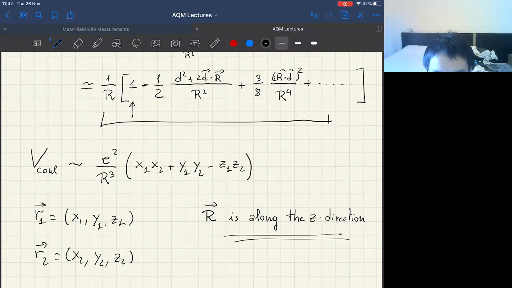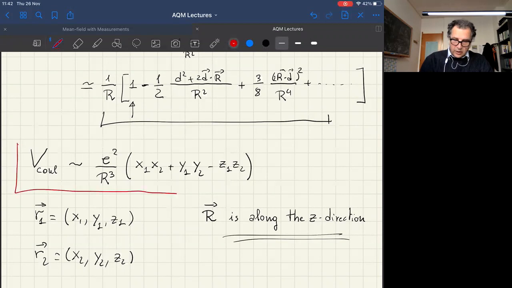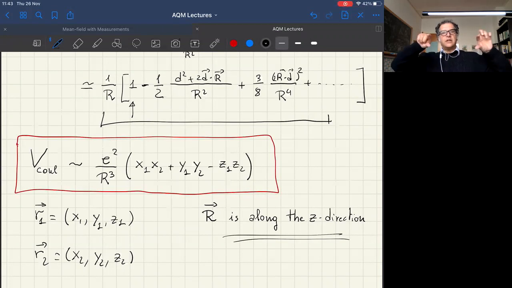Sorry. Can you repeat the last point? Yes. So let's say, do we agree on this expression? Suppose that you just got it. Now, my question is, is the dipole approximation valid in this case? This is legitimate if you have static charges.